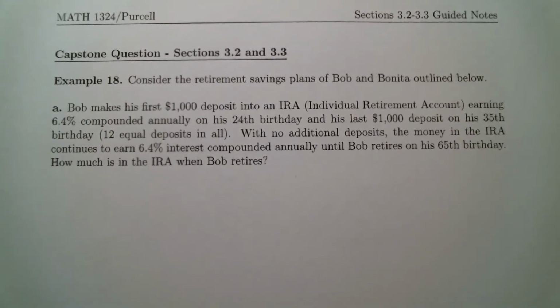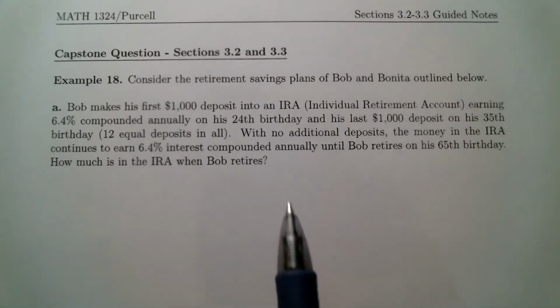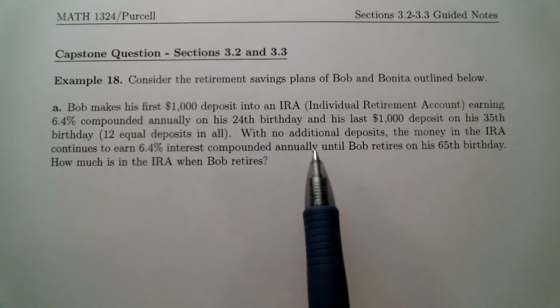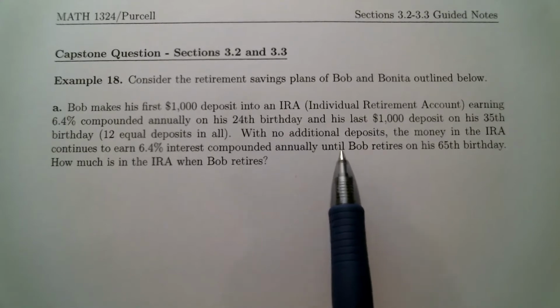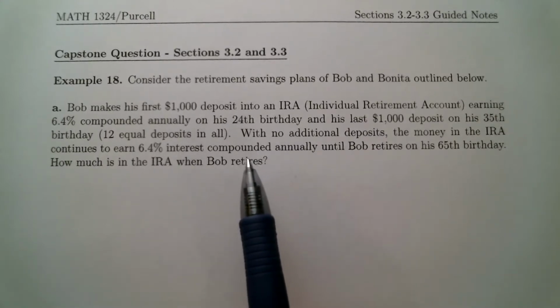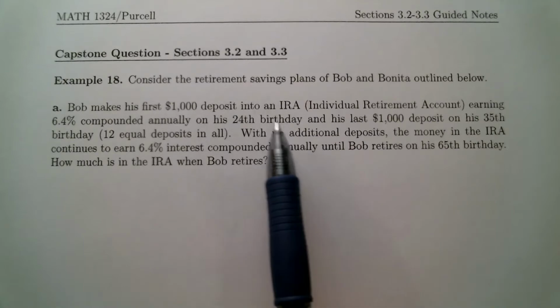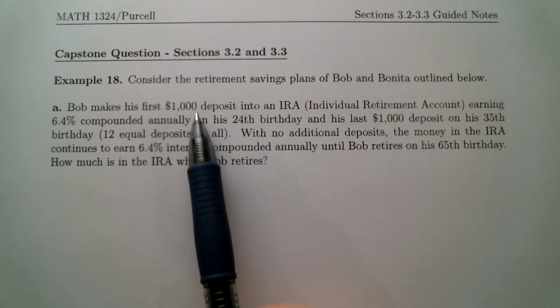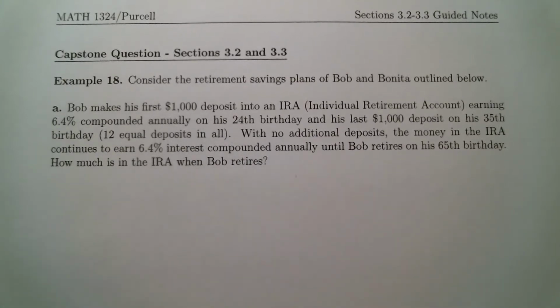So this outlines how Bob is saving for retirement. We're trying to figure out, when he retires, how much money is in his retirement account. If you read this very carefully, Bob does two things. He is making these $1,000 deposits annually.